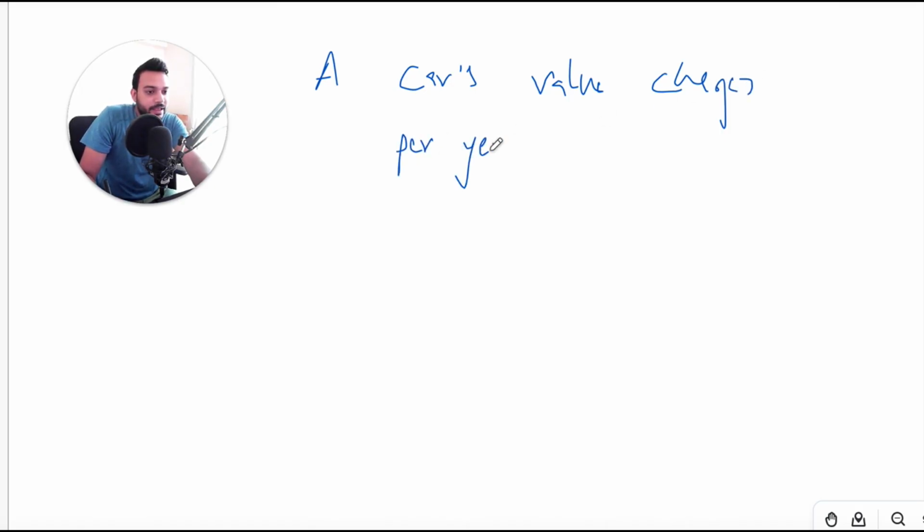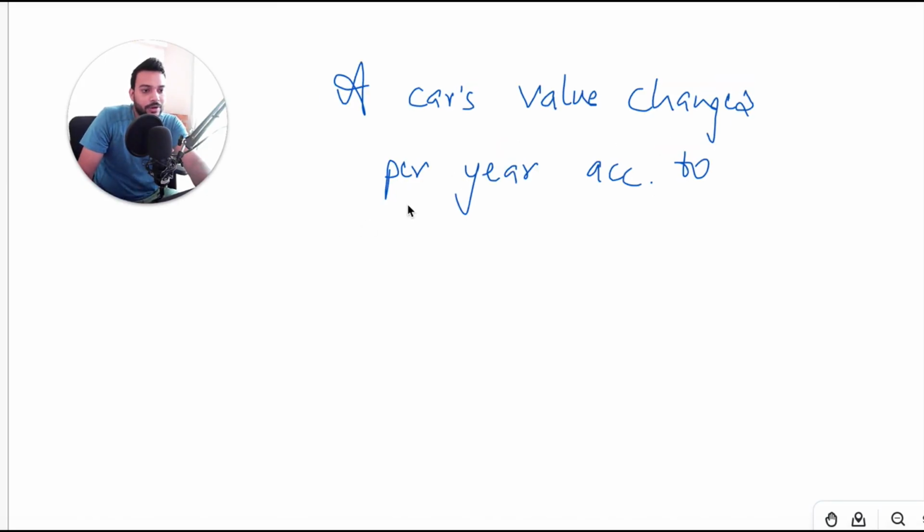So for example, you're given that a car's value changes per year according to, let's say, this function. Please excuse my handwriting. So let's say the value is represented as V of n after n years, and I say 180,000.